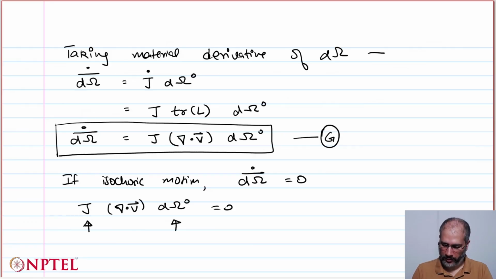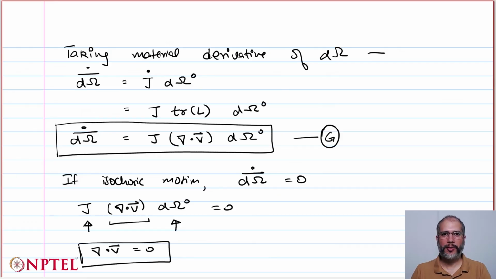It's a volume. So this quantity has to be 0 for my motion to be isochoric. So in terms of the velocity field, I have got a relation now: the divergence of velocity is 0 for isochoric motion. So in terms of velocity, if the velocity is divergence free, then the motion is isochoric. Or in terms of the Jacobian, if the Jacobian determinant is 1, then the motion is isochoric.